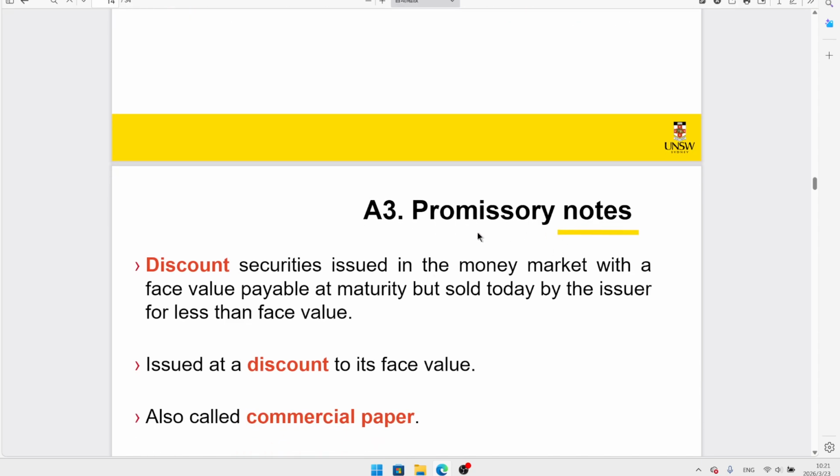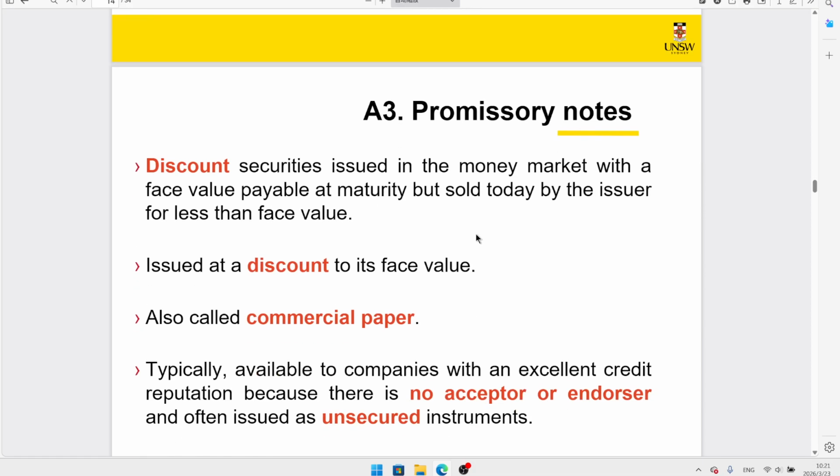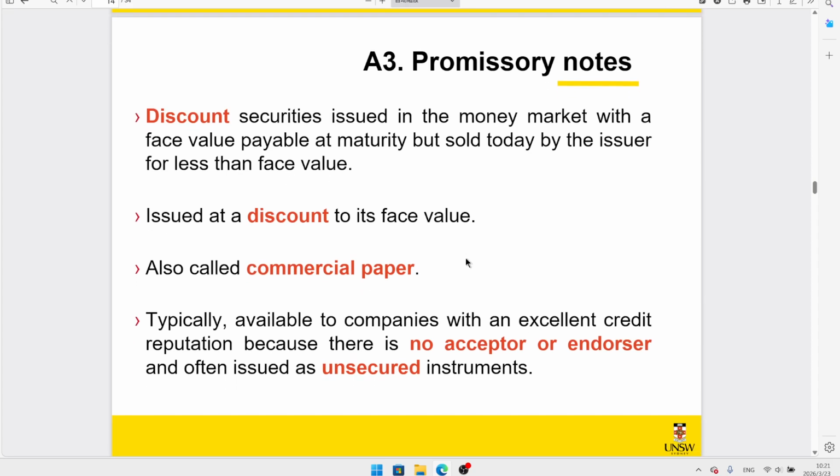The last one is promissory notes. These are discount securities issued in the money market with a face value payable at maturity, but sold today for less than face value. Also called commercial paper, they are typically available to companies with an excellent credit reputation, because there is no acceptor or endorser and they are issued as unsecured instruments.